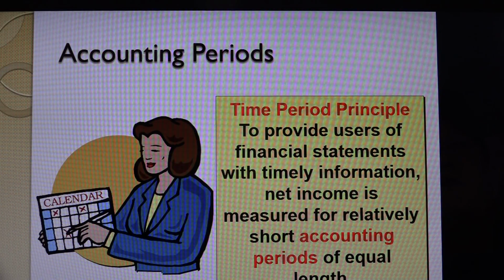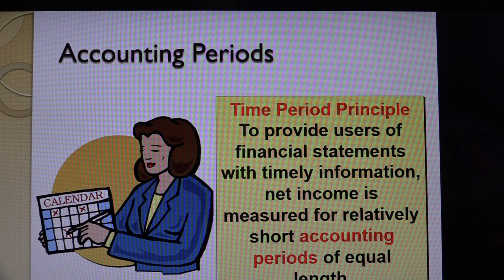Probably don't want to give those out unless it's to a bank you owe money to, but sometimes companies, especially public companies, issue quarterly financial statements, but definitely yearly statements are par for the course.